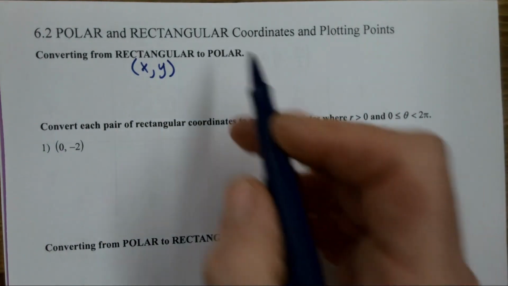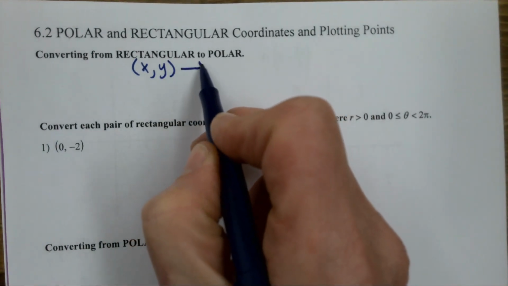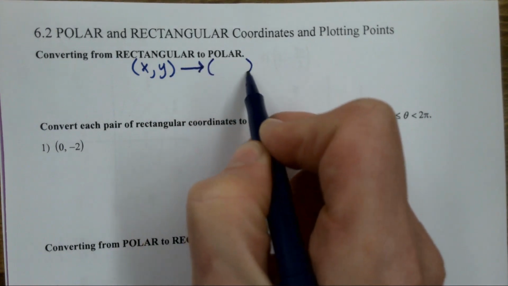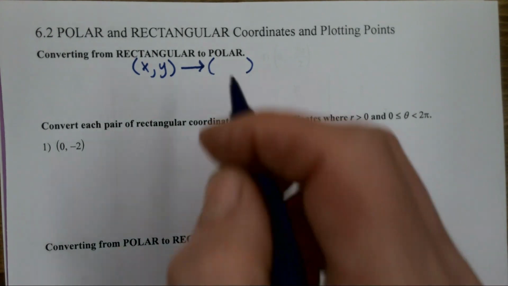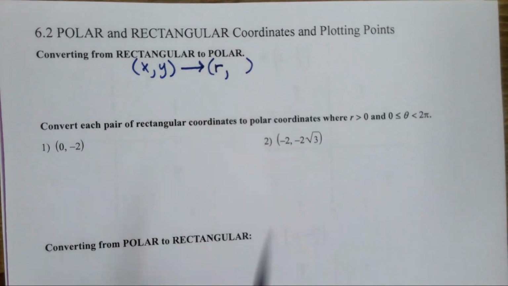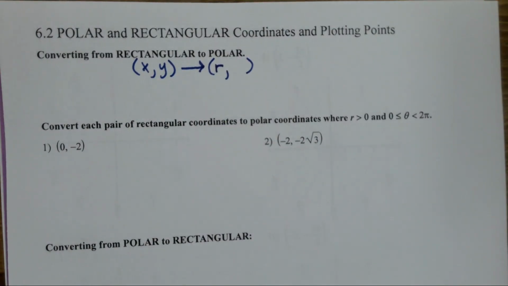And then if I want to convert that to a polar, what do I need to find? Yep, the radius, which they define as r. They call it rectangular because I move left or right and then up or down.